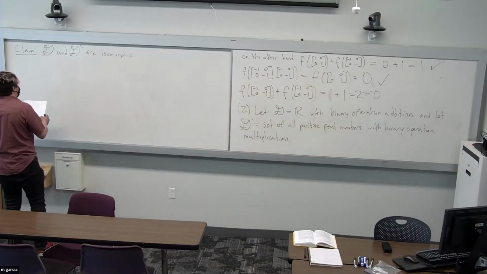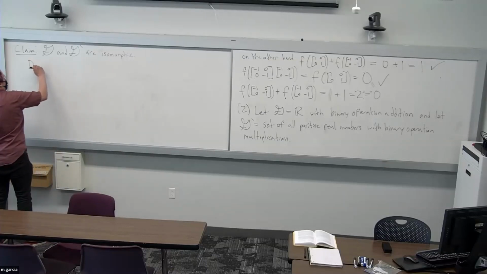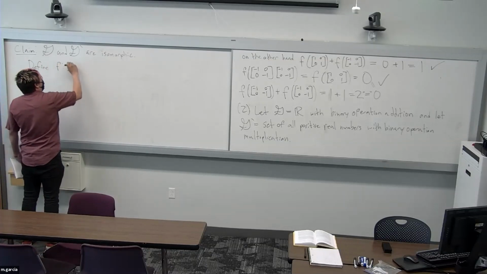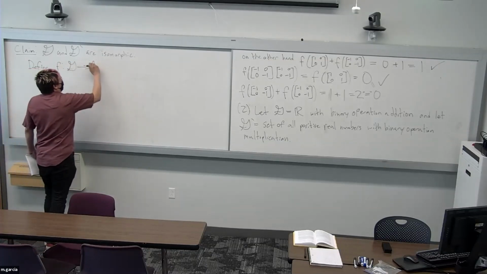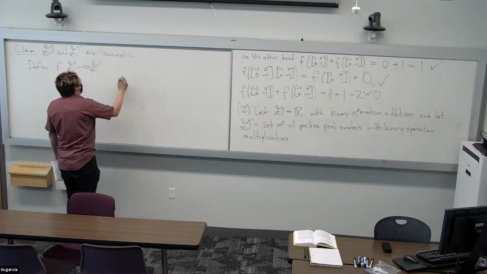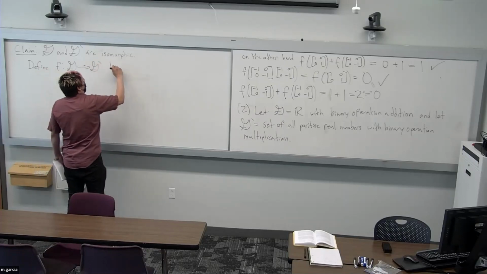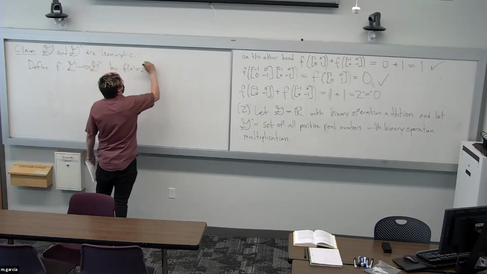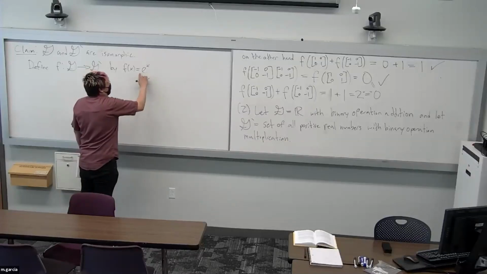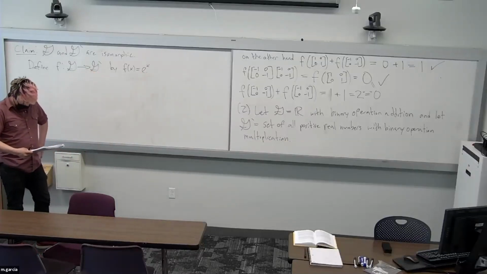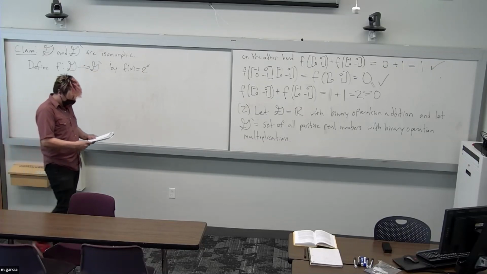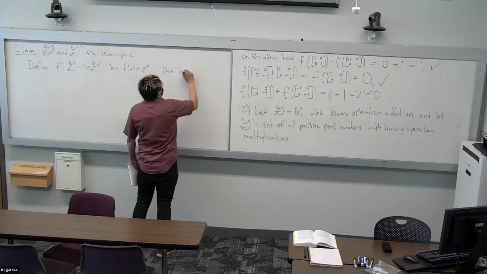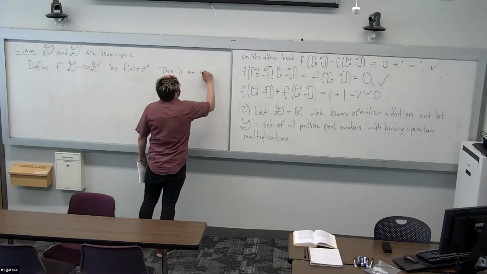So define f mapping G to G prime by f of x is equal to e to the x. This is an isomorphism.